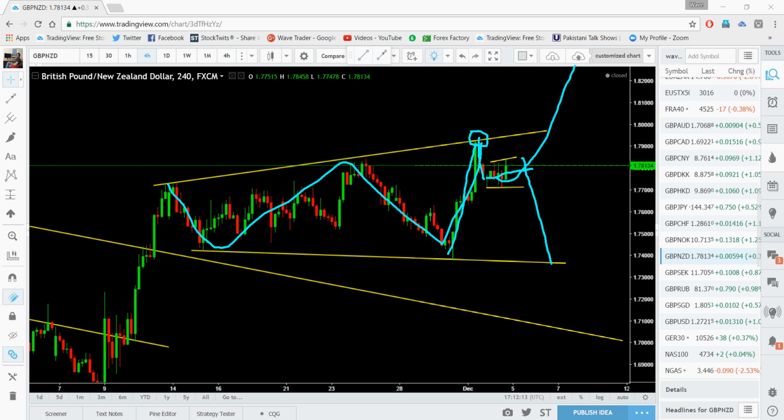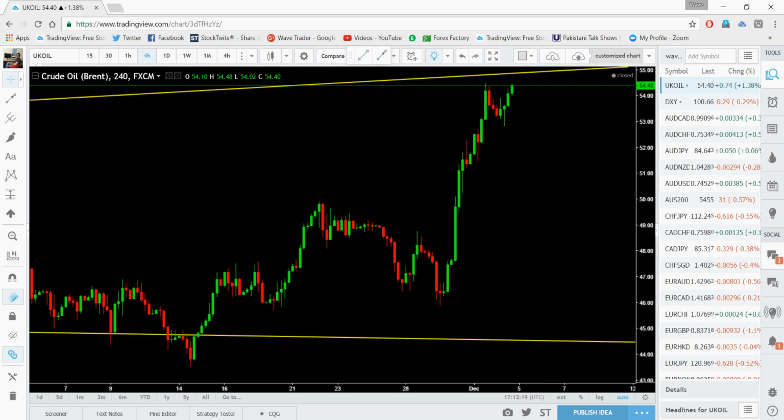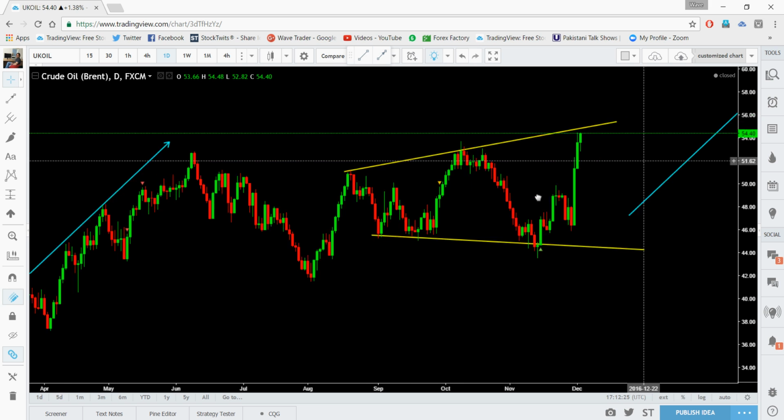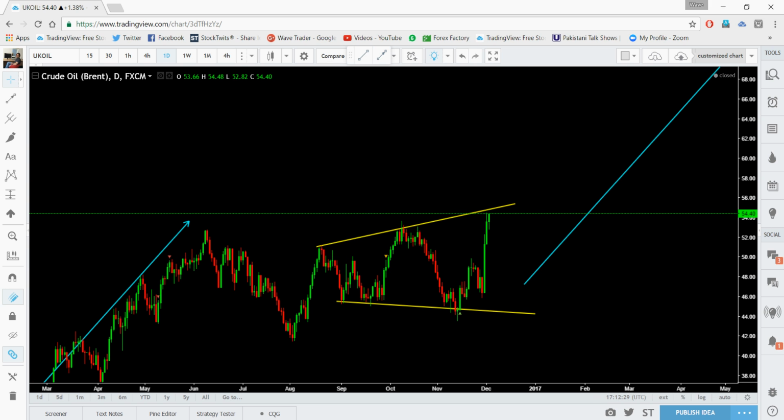All right, so we need to watch what kind of price action we're going to see on oil. We are anticipating that this trend continuation pattern is going to continue to the upside, and oil can hit 70, 65 or something like that. So we need to watch this place.